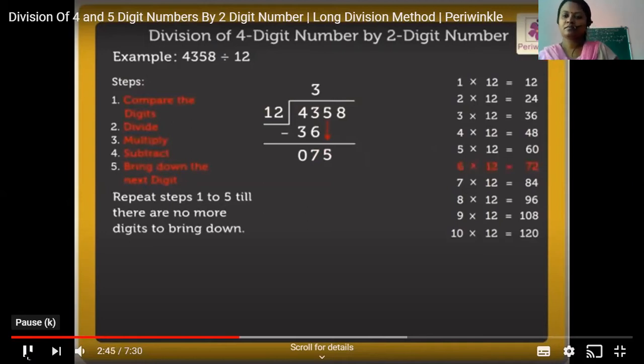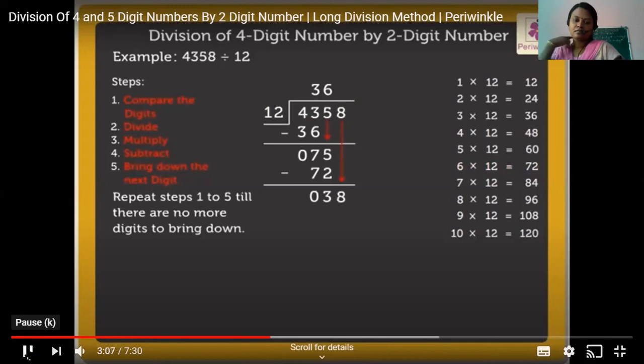So, we write 6 in the quotient above the 5 and 72 under 75. Next, subtract 72 from 75, which is equal to 3. Now, bring down the next digit, that is 8.